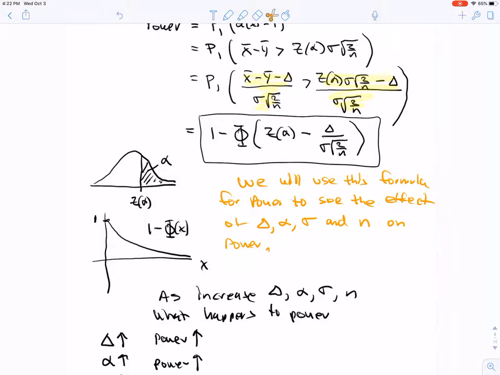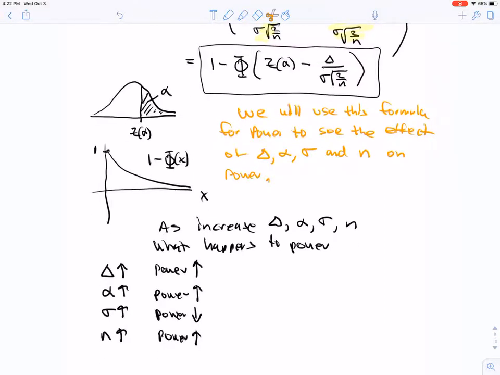And then the other picture is a graph for 1 minus the CDF of, say, x. So that runs from 1 to 0. Just check the formula and you should be able to see that as delta, alpha, and n increase, the power increases, but as sigma increases, the power decreases.